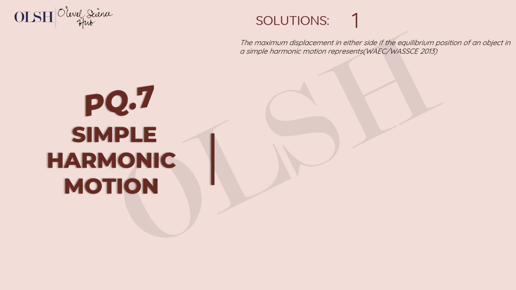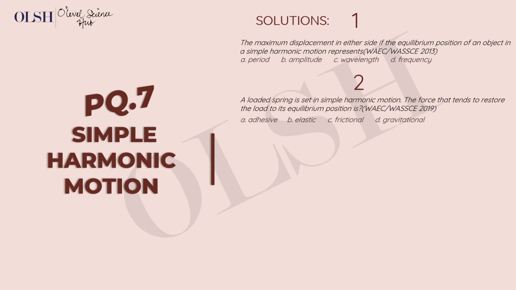So the first question is: the maximum displacement on either side of the equilibrium position of an object in simple harmonic motion represents A, the period, B, amplitude, C, wavelength, D, frequency. What this first question is saying is, you might have, for example, a simple pendulum. This is the equilibrium position.